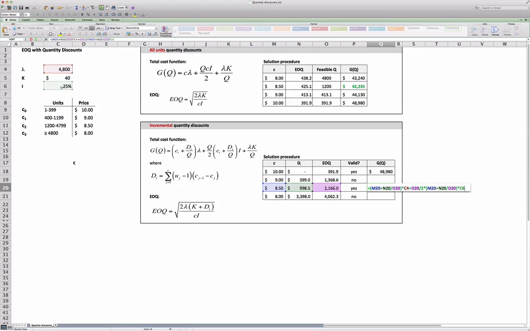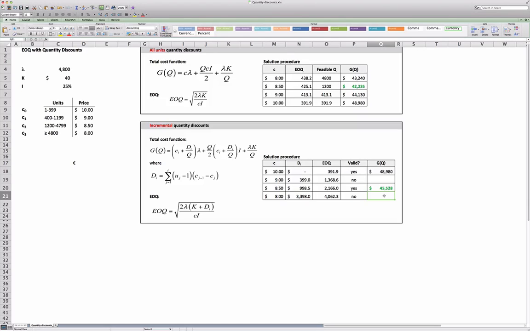And we will multiply all that with the inventory holding cost factor, I. And finally, we add to that our order placement costs, which are simply equal to lambda divided by Q times K. So you see that now I obtain the total cost figure of $45,528.